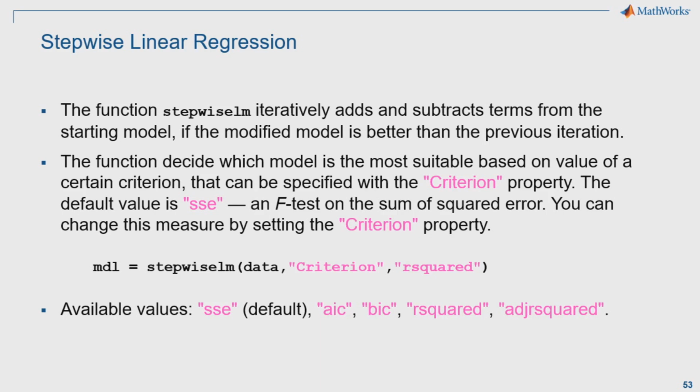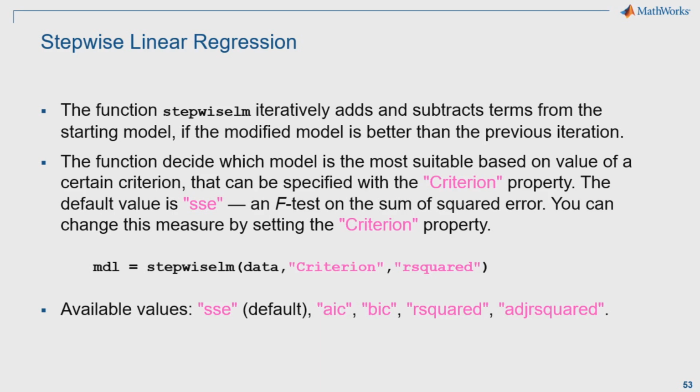So you start from a model which you assume to be, say, correct, a random model, and then you start by adding and subtracting terms to see at each iteration if what you add and what you subtract contribute better in the overall model. And this is based on a criterion, of course.